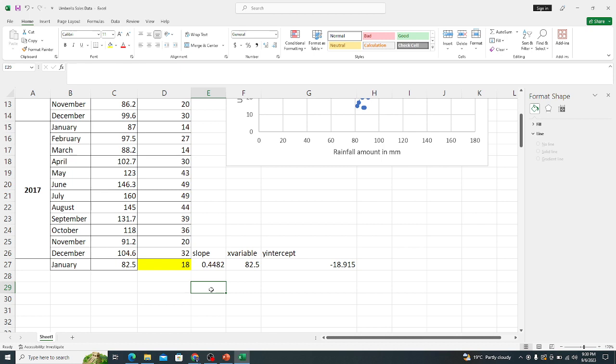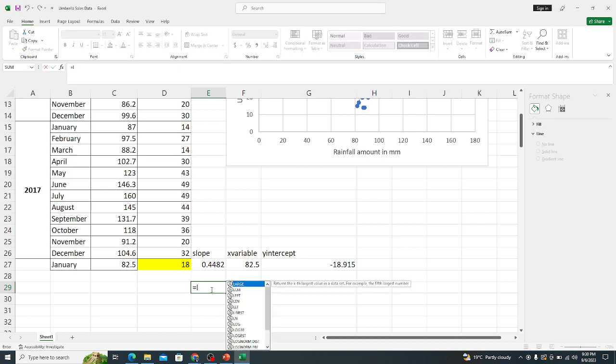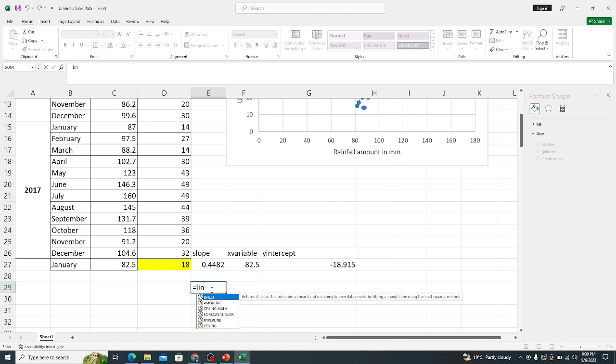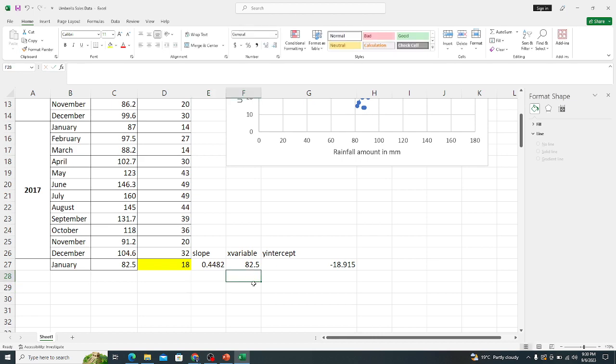I will also add some bonus and show you how you can use the FORECAST.LINEAR function to forecast, and also how we can use the TREND function to forecast. So I will just add that to you as a bonus.